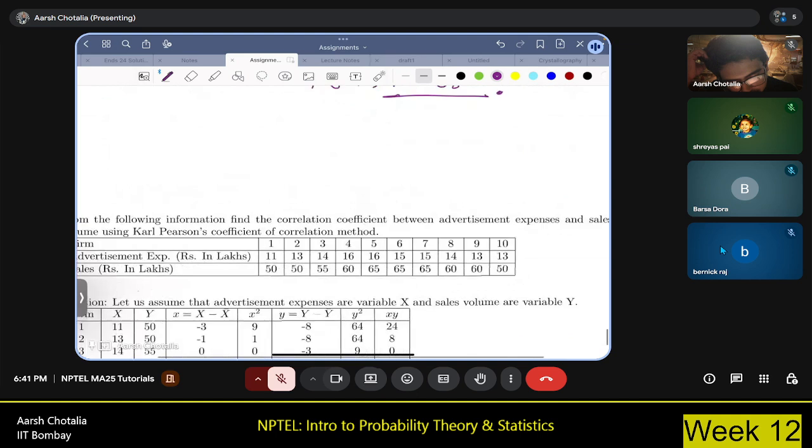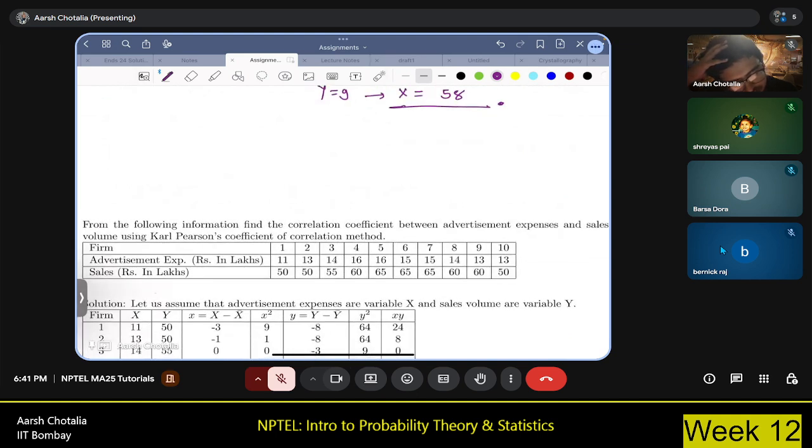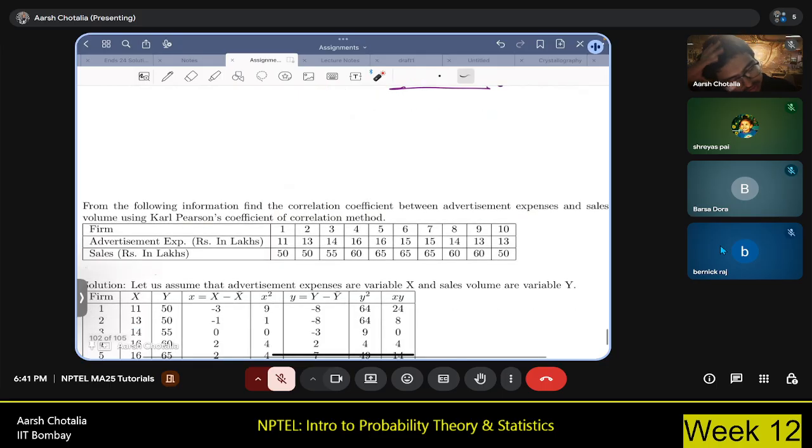Okay. Now the next data is given in which we have to find the correlation coefficient between advertisement and sales using Pearson's coefficient. So these are the xi data, and these are the yi data. All right.